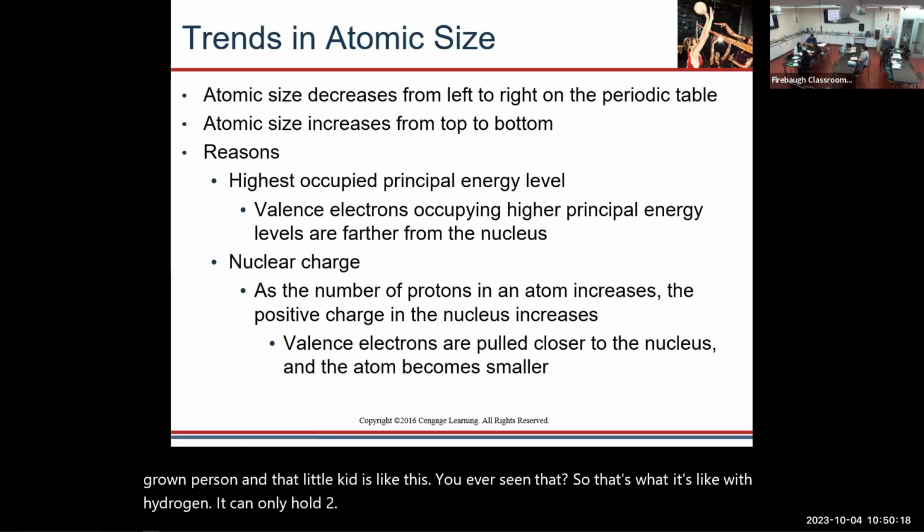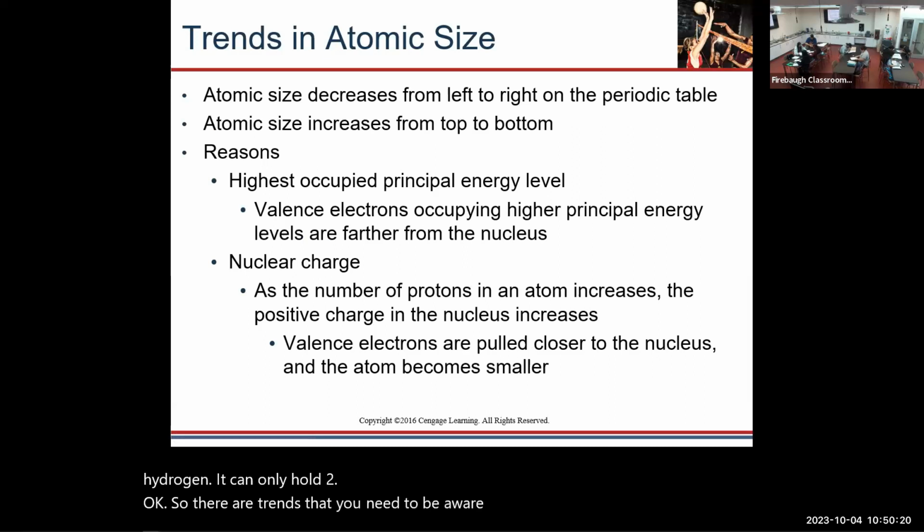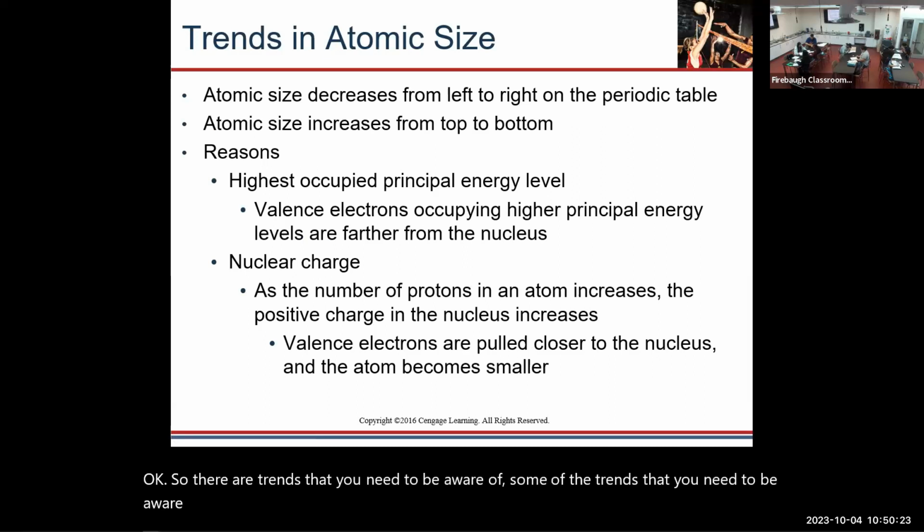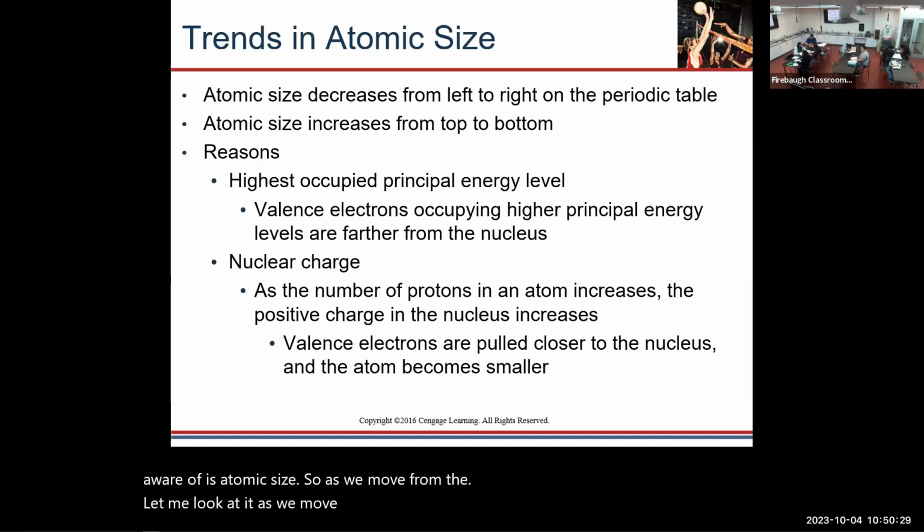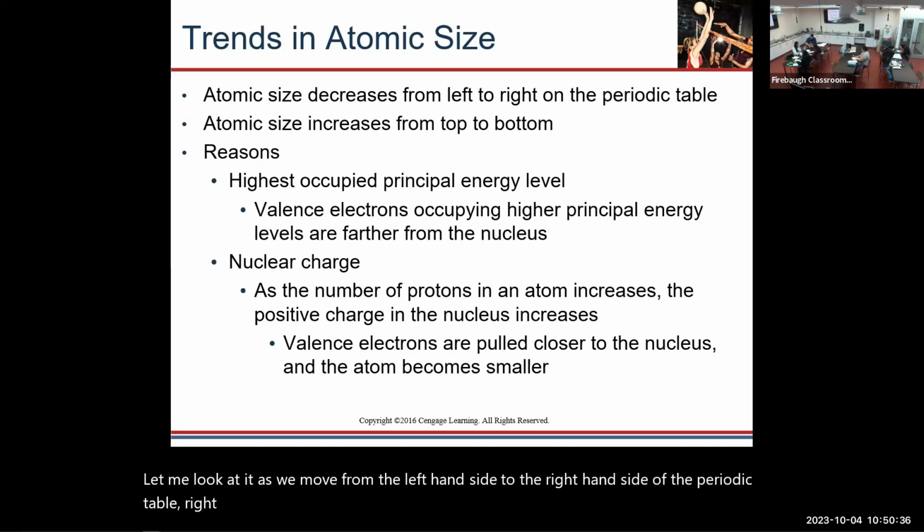Okay, so there are trends that you need to be aware of. Some of the trends that you need to be aware of is atomic size. So as we move from the left-hand side to the right-hand side of the periodic table, right? The atom is going to get smaller. Okay.